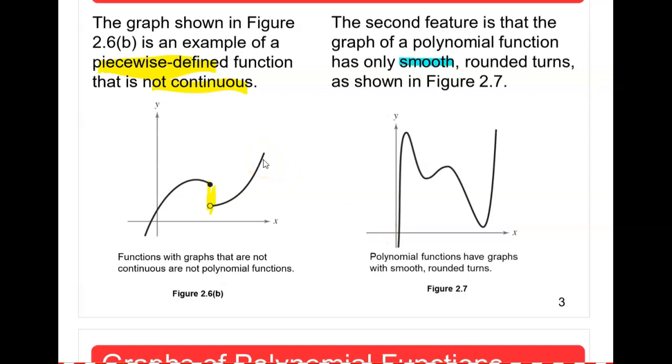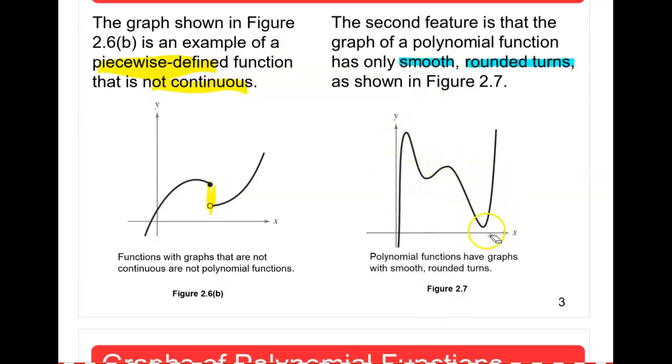It is smooth and it has rounded turns. For example, the absolute value, the one that is like a V shape, is definitely not a polynomial graph. It has a sharp turn. So this one is not included, definitely. And this one is. No gaps and just smooth turns.